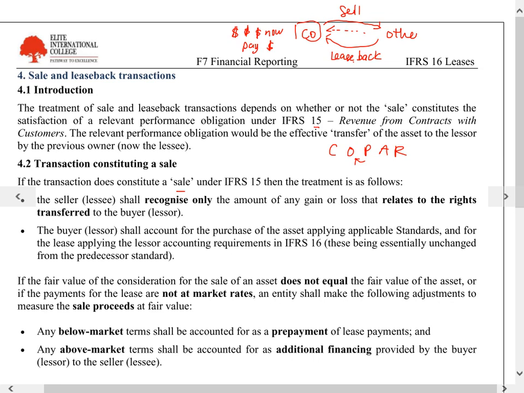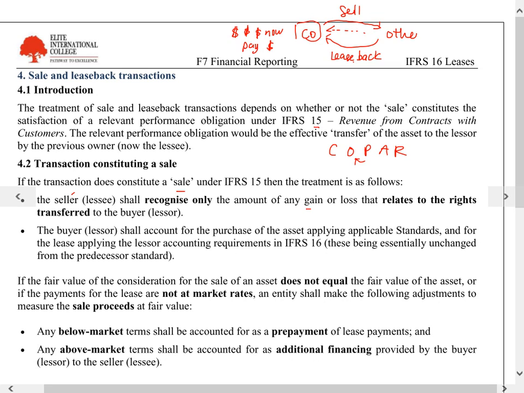The seller. We are the seller here. So are we also the lessee? Because we lease back. So we are the seller because we are the seller of the asset. When we lease back, we are also the lessee. We shall recognize only an amount of gain or loss that relates to the rights transferred.